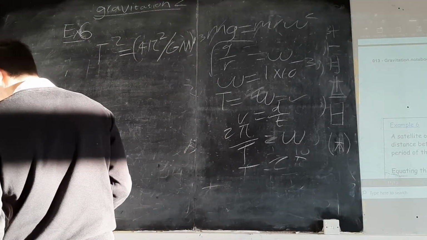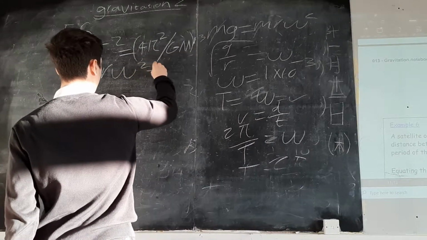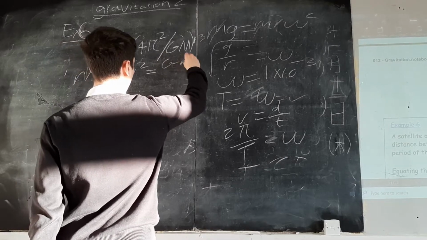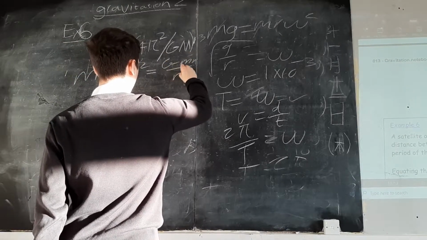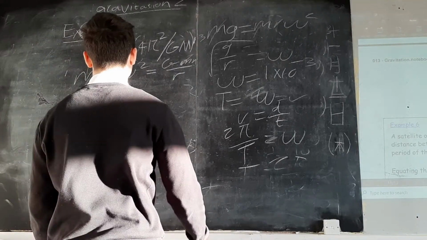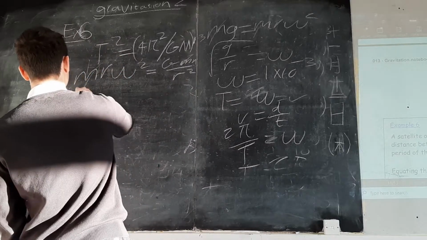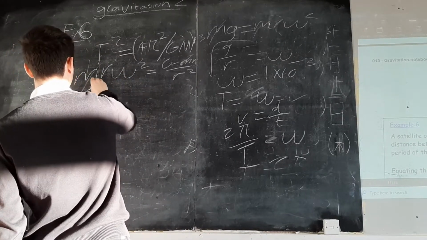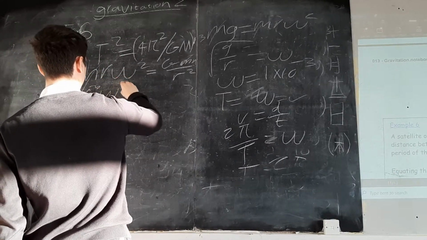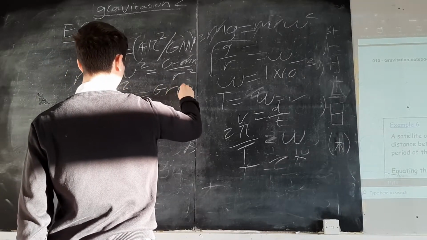To do this, we equate R omega squared to GM over R squared. We get R cubed omega squared equals GM.